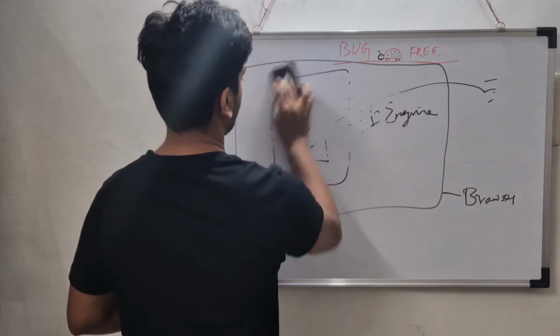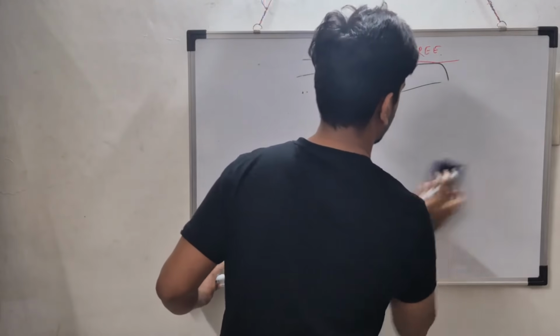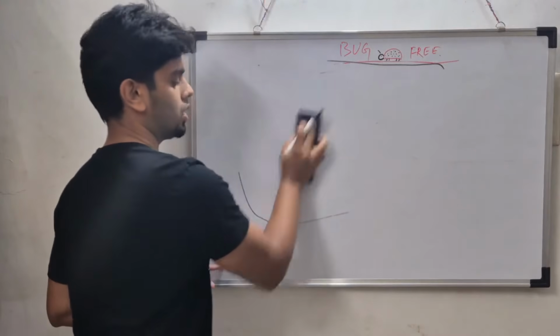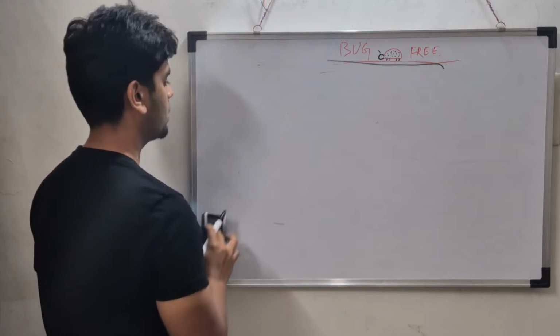For handling the asynchronous things, JavaScript has two things: micro task and macro task. So let's see about micro task and macro task now.